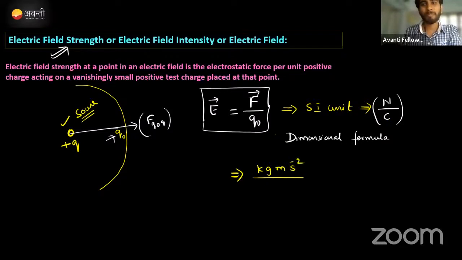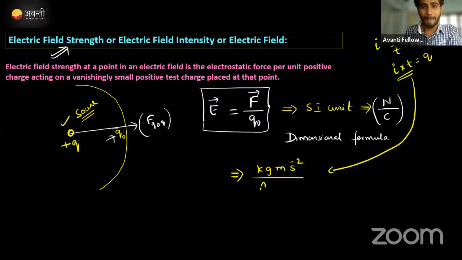Coulomb is not a fundamental physical quantity. Now we need to convert it. For fundamental quantities, we take I equals Q by T and derive from it. Q stands for coulomb here. T is multiplied, so current into time gives the charge, that is coulomb. I write this in the denominator.